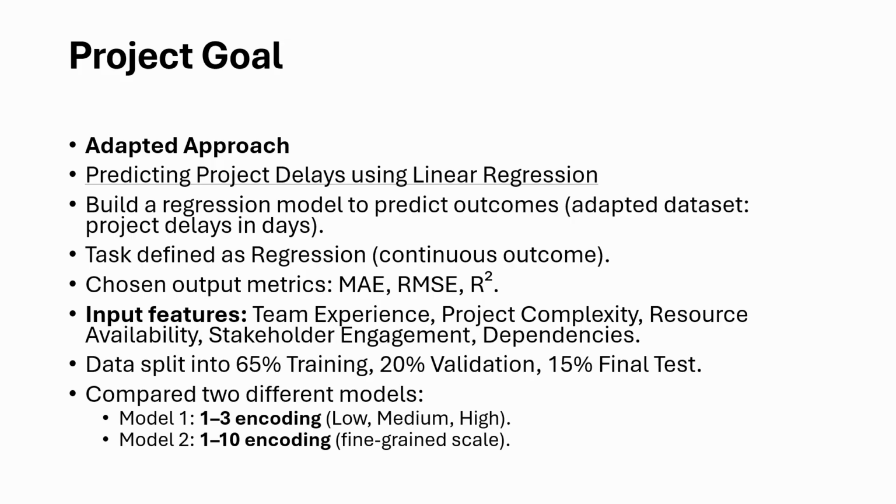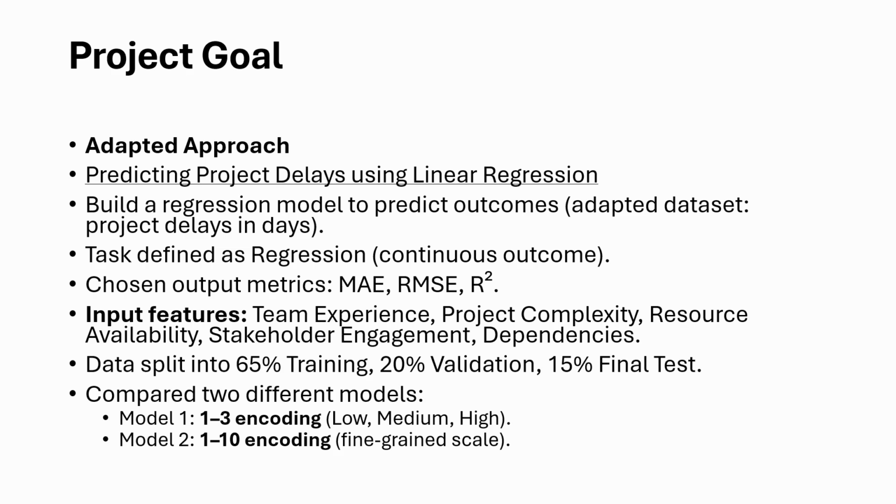So I decided to try to predict the number of days a project might be delayed. Since that is a continuous value as well, it's also a regression problem, just like the original assignment. So it lined up quite nicely.